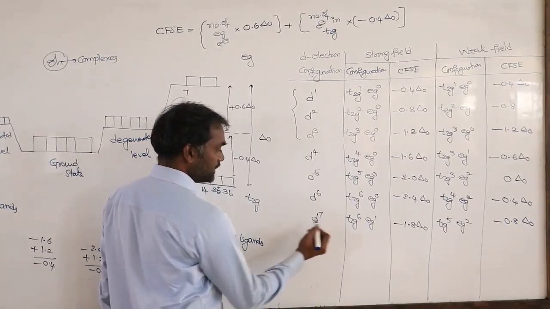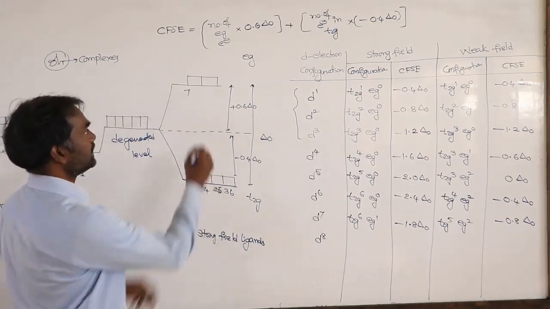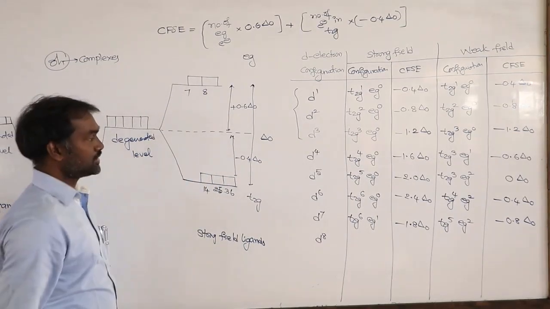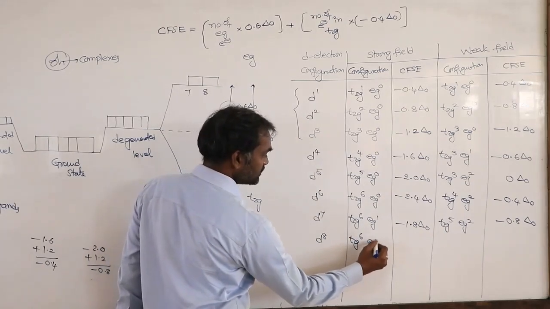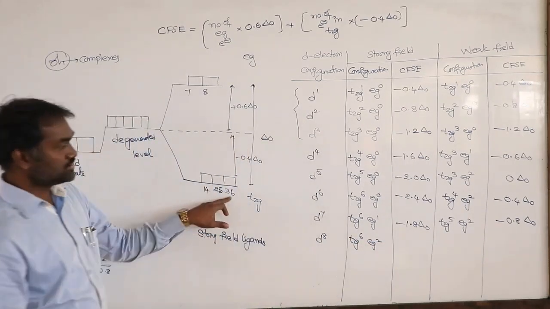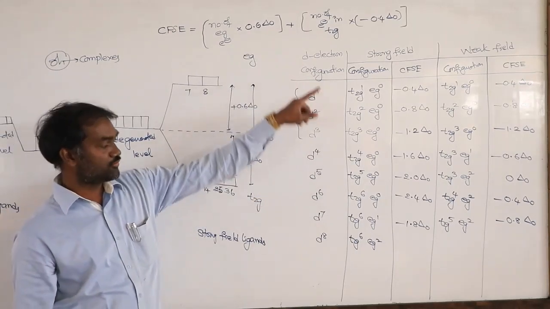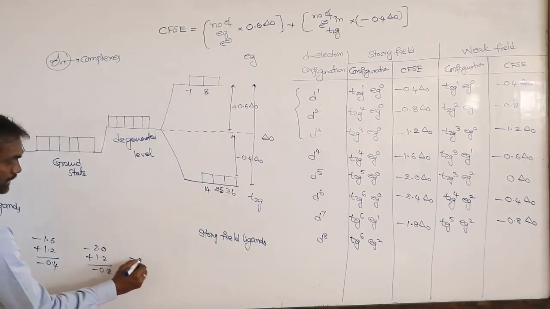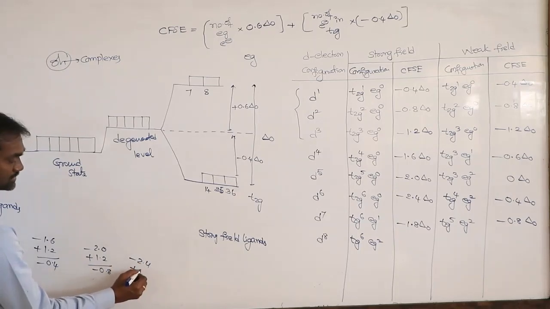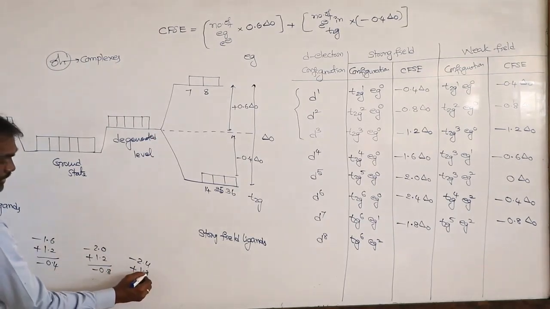Next d8. So the 8th electron is here only. So then what happens? t2g6 eg2. So t2g6 means minus 2.4. Next plus 1.2.